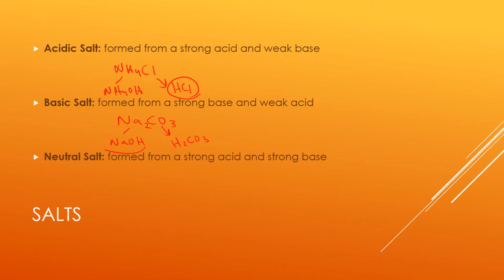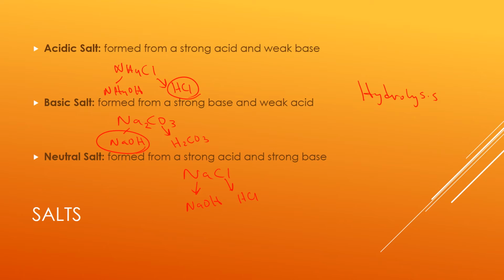NaOH is a strong base, H2CO3 is a weak acid, so this would be a basic salt. Neutral salts are formed from both a strong acid and a strong base. So NaCl comes from HCl, which is strong, and NaOH, which is strong as well, so this would be a neutral salt. When you work with salts, you have to be able to write a hydrolysis reaction.